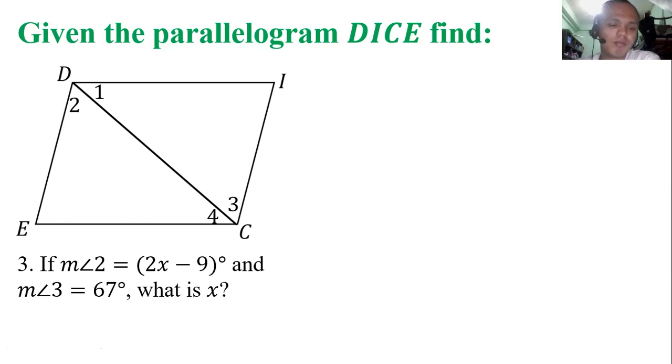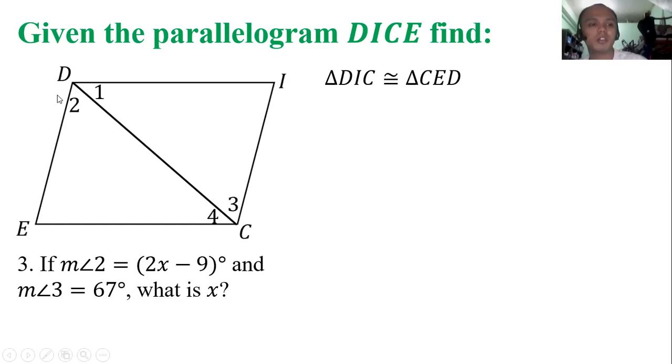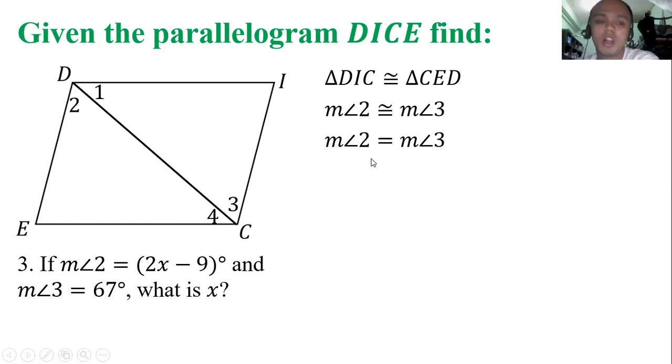Next, if measure of angle 2 here is 2x minus 9 degrees, and measure of angle 3 is 67, what is x? Okay? Now, in triangle DIC is congruent to triangle CED, no? Therefore, measure of angle 2 is congruent to measure of angle 3 because they are alternate interior angles. Okay? And they are also equal.